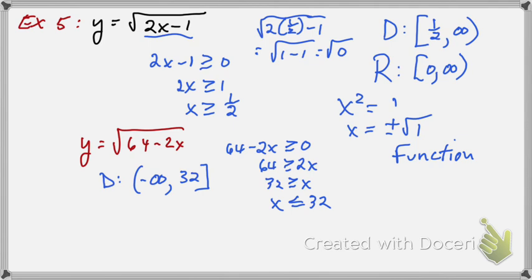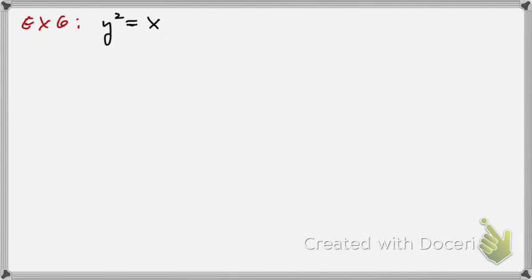All right, so a little trickier. How about this one? I'm just picking out all different kinds of ways they could ask you this on the homework. They're all asking the same thing, but they all look different. So first thing I do is solve for y here.